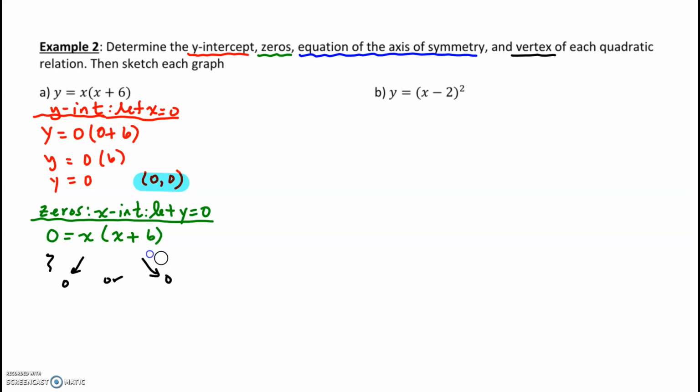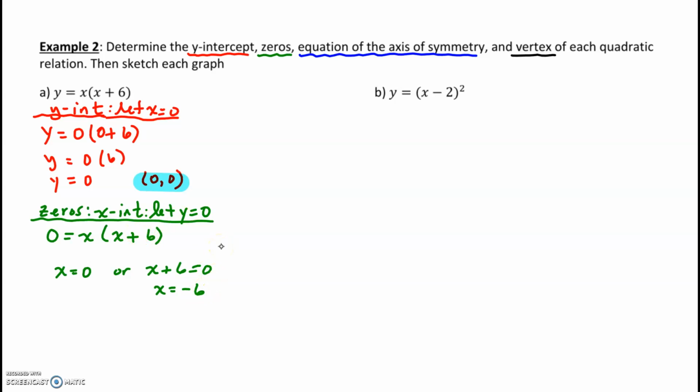Remember, this is the part that's new. So we're going to write x equals 0 or x plus 6 equals 0. This one's already done for us, and then x plus 6 we need to solve would be x equals negative 6. And remember what we said, it's the opposite. It's plus 6 inside, negative 6 outside.